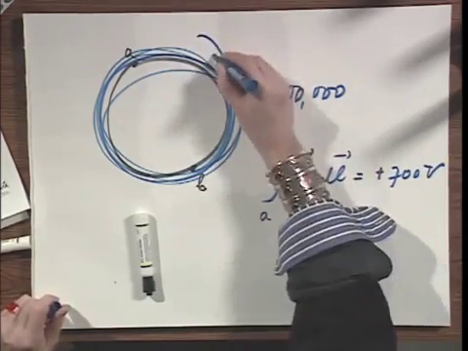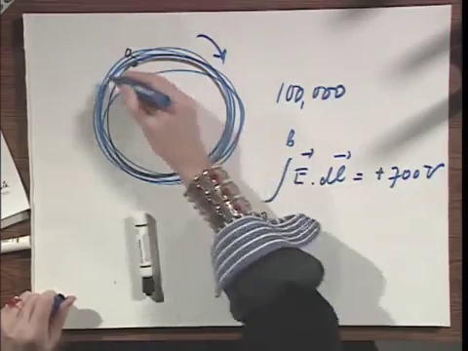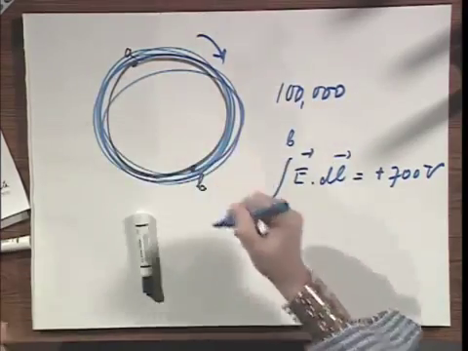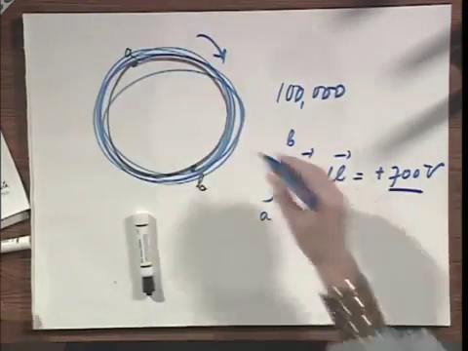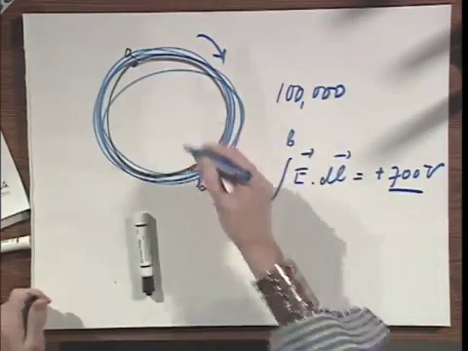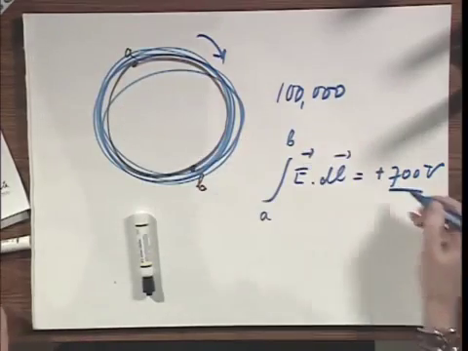That's to say, if I start in this direction. If I start in this direction, then it is minus 700 volts. Can you now say that A is at a 700 volt potential higher than B? That's nonsense, because you go this way, then it is 700 volts below B.